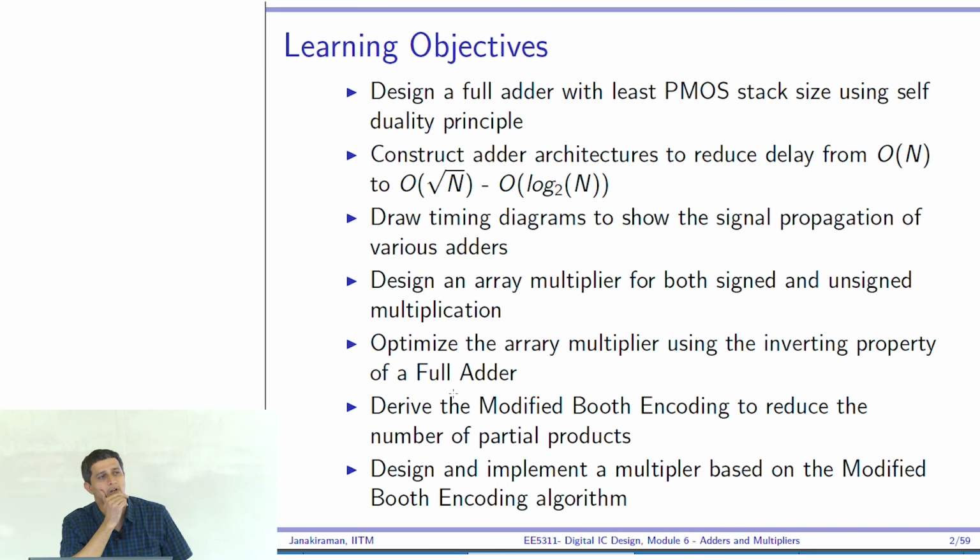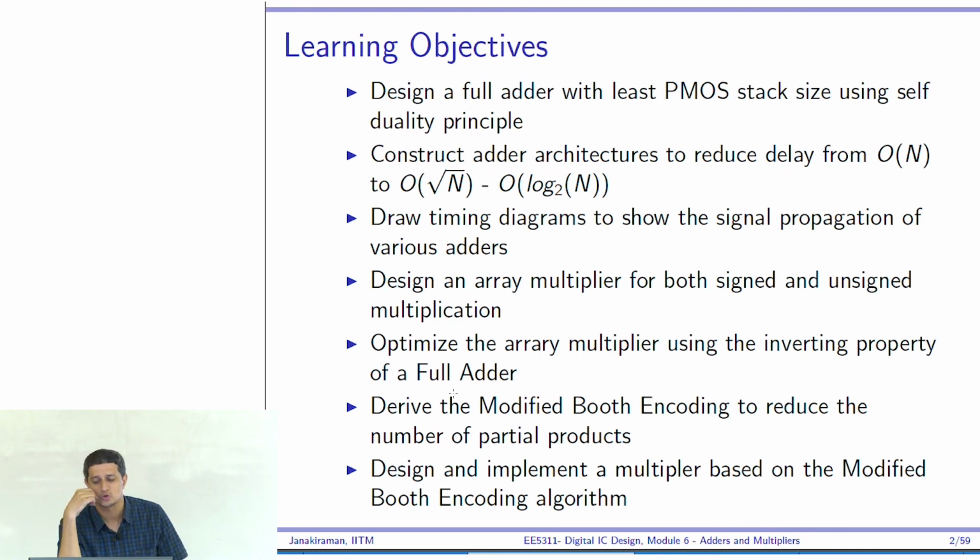So, the learning objective for this module, right, adders and multipliers: designing full adder with least PMOS stack size using self-duality or mirroring principle, constructing adder architectures to reduce delay from O of n to O of root n, right? O of root n, up to that we did, square root adder. O of log n you have to do, carry lookahead adder, in your project.